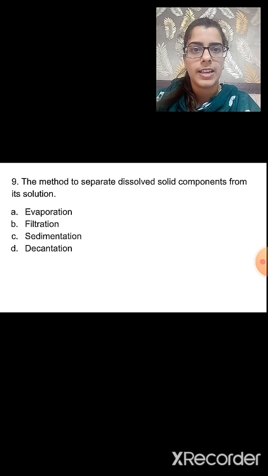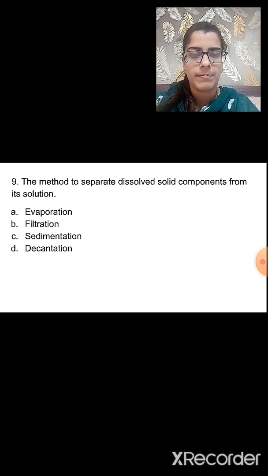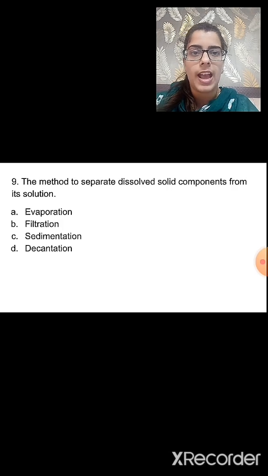So which is the correct option? It is option A. The evaporation method is used to separate the dissolved solid components. For example, salt and water. Salt dissolves in the water, so we can separate the salt and water mixture by the evaporation process.